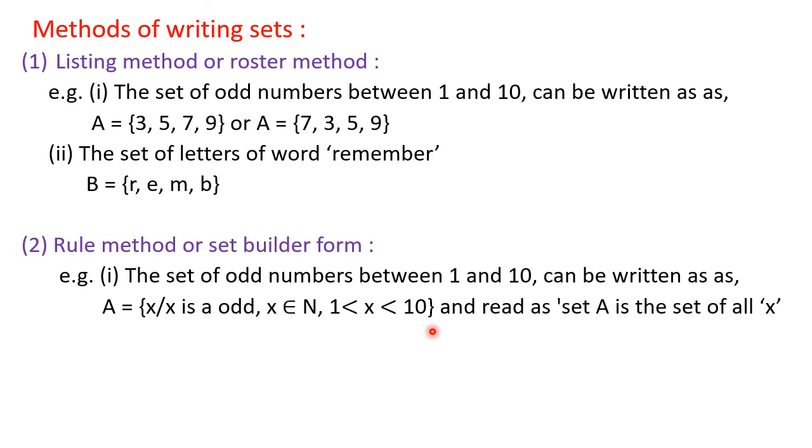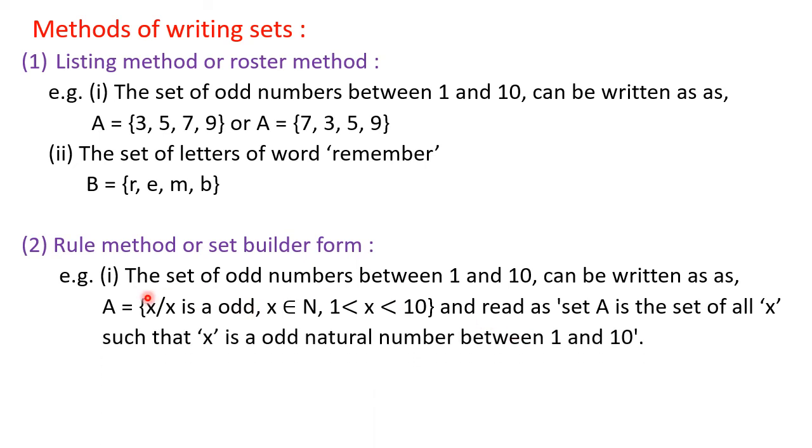And how to read this? Okay, so let us see how to read this. This is set A. A is a set of all x. Then this line stands for such that. Okay, such that x is an odd natural number between 1 and 10.